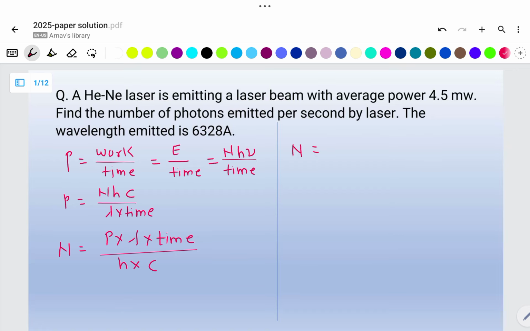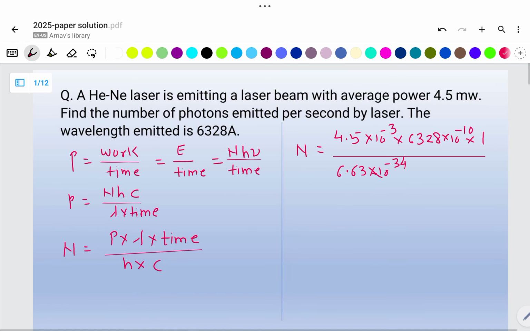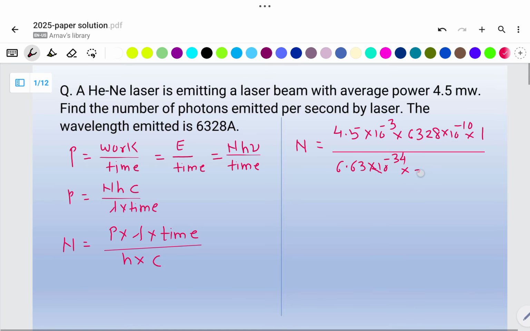The power is given in milliwatts, so we'll convert it to watts. It will be 4.5 into 10 to the minus 3 watt. Wavelength is given as 6328 into 10 to the minus 10 meter, and time is given as 1 second, divided by h, whose value is 6.63 into 10 to the minus 34 joule second, and the speed of light is 3 into 10 to the 8 meter per second.